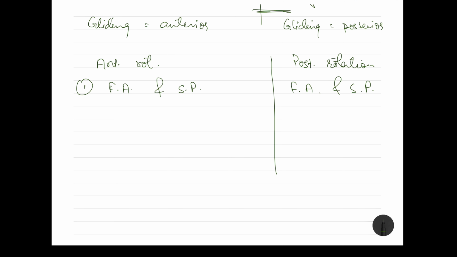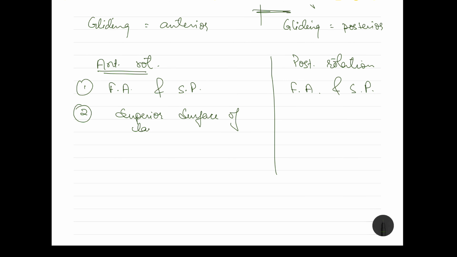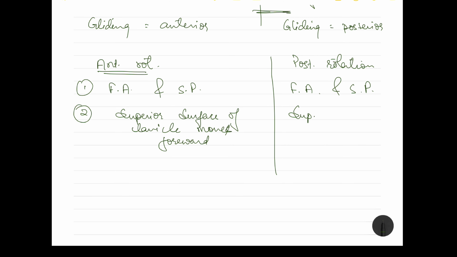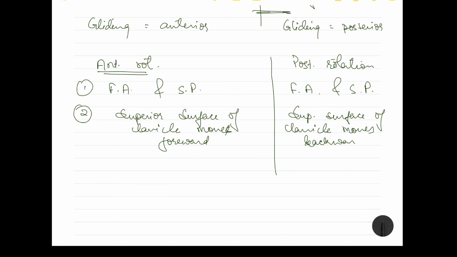Now talking about its osteokinematics. In the anterior rotation, the superior surface of the clavicle moves forward, and in the posterior rotation, the superior surface of the clavicle moves backward.